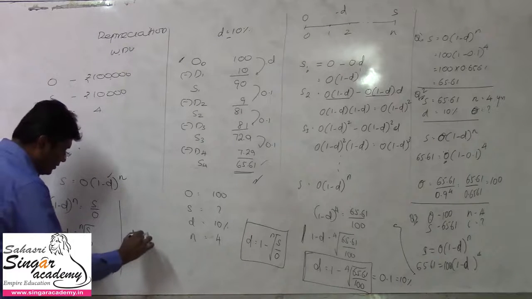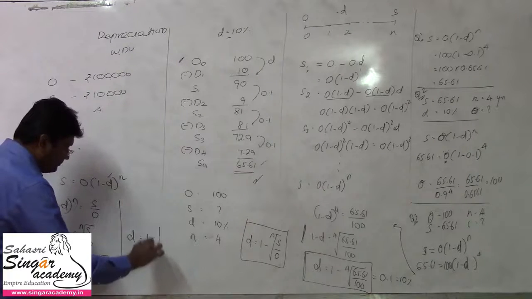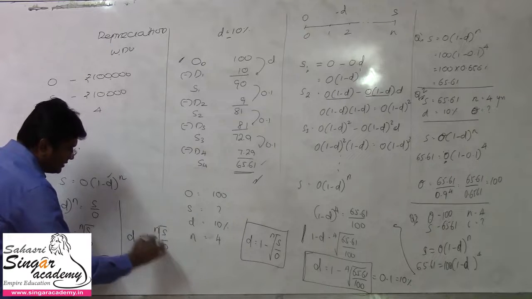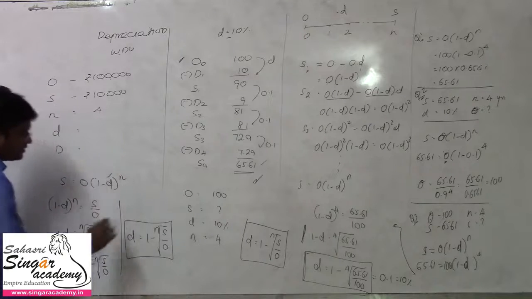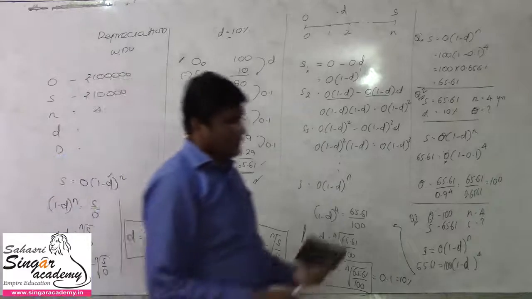So D is equal to 1 minus nth root of S by O. This is the formula for calculating the rate of depreciation. I hope you could understand this formula.